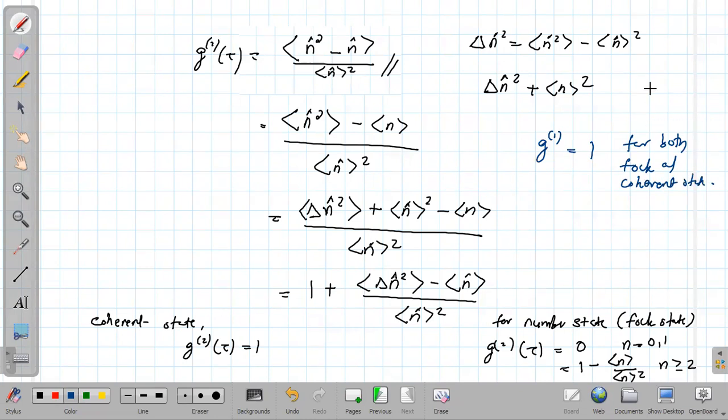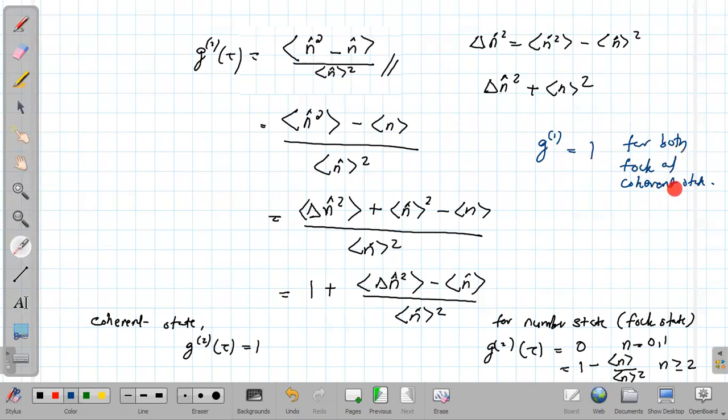Anyhow, the point I want to make is we cannot distinguish the different states using the first order coherence function, but it is possible to distinguish the different possible states of light using the second order coherence function. So if you look at G1, it is always 1 for both Fock state and coherent state.